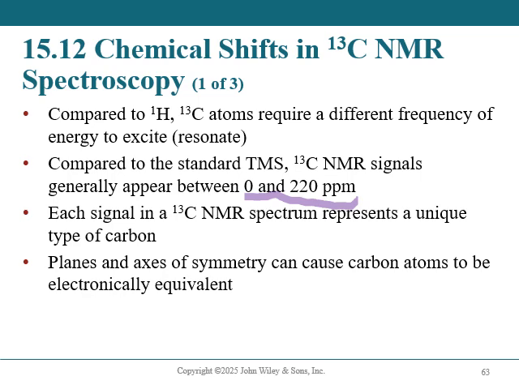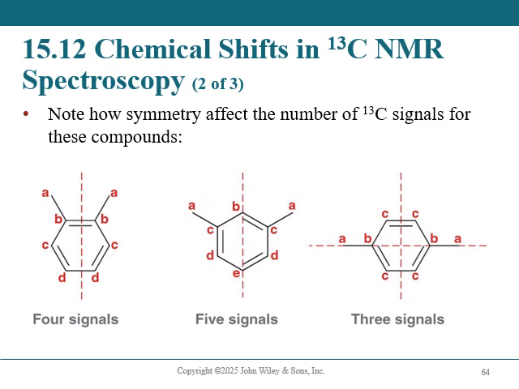Planes and axes of symmetry can cause carbon atoms to be electronically equivalent. Here, for example, we have a few scenarios where symmetry has an effect on the number of carbon-13 signals. So these two, if you look at the plane of symmetry here, are equivalent, so that's one signal, two signals, 3 and 4. In this case, it's a little bit different.